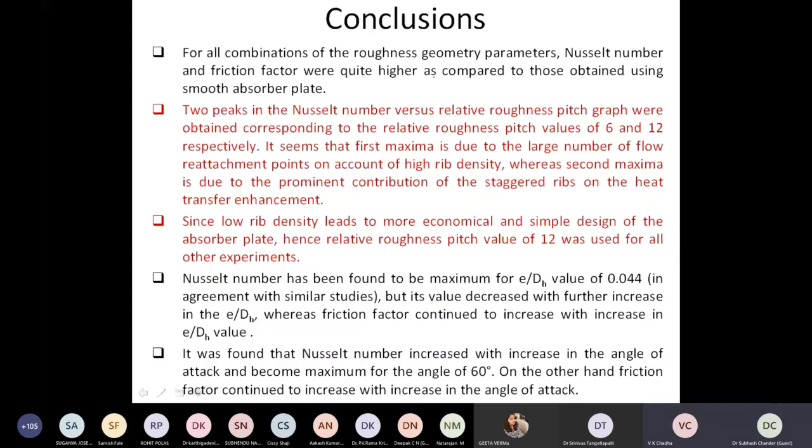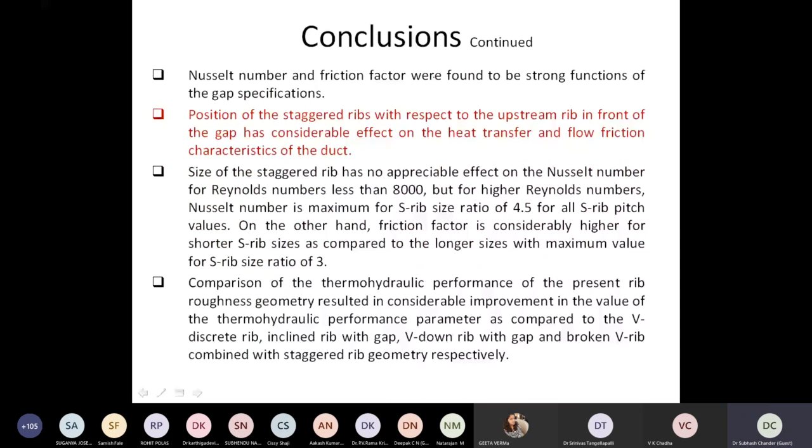Nusselt number and friction factor were found to be a strong function of the gap. Position of the staggered ribs with respect to the upstream rib in front of the gap was considered to have a considerable effect on the friction factor. The size of the staggered rib has no appreciable effect; we could not see much effect of the size of the rib.